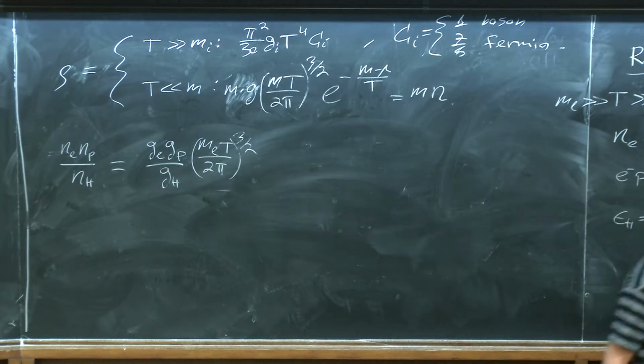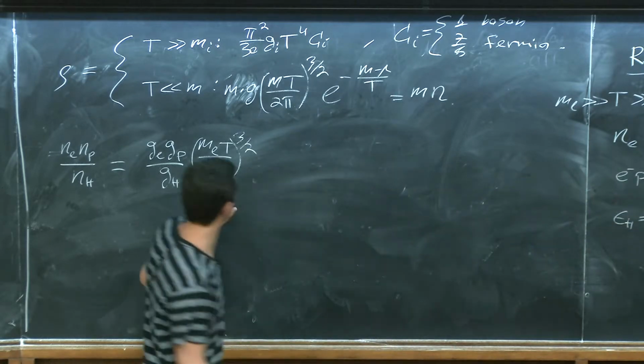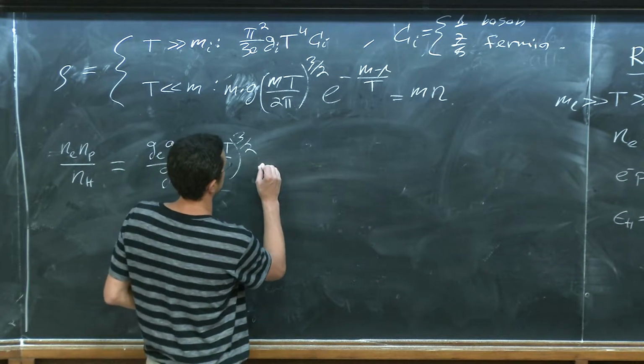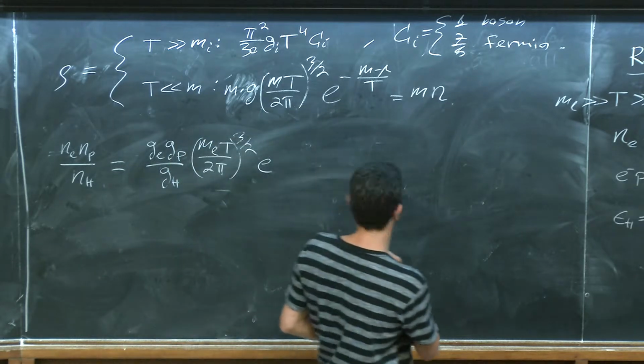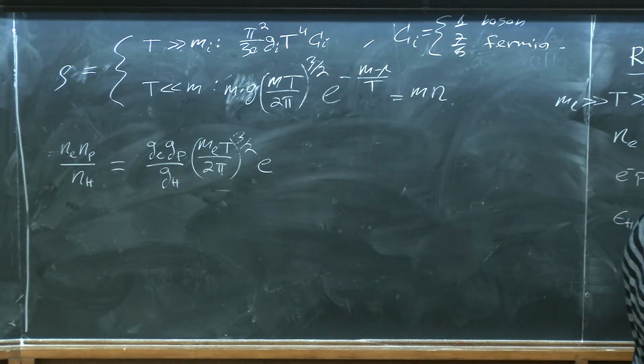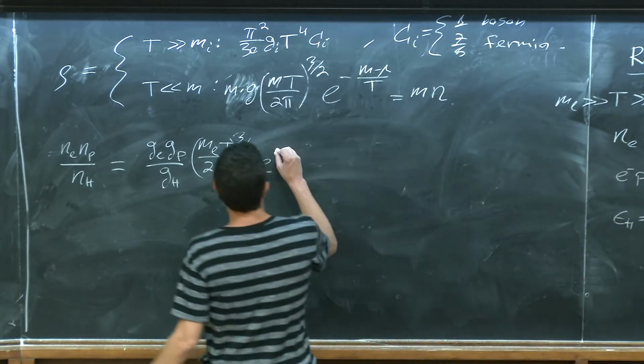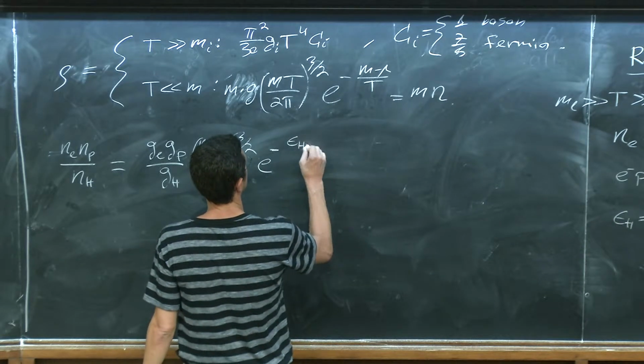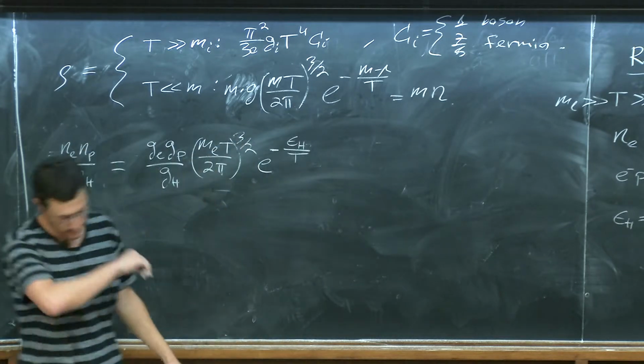So this factor drops out in the product. And what remains is just the exponential. So for the electron and proton exponential, I have minus m_e plus m_p, which will just cancel that. And I have minus mu_P minus mu_E, which would just cancel that. But here I have an e to the E_H over T. So what I have is an e to the minus binding energy over T.